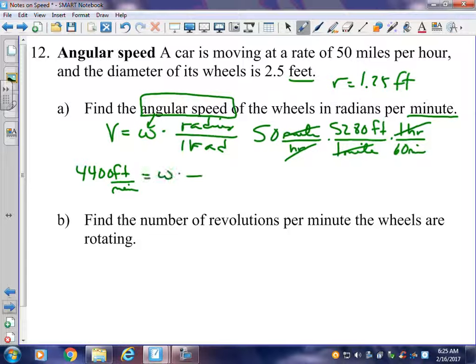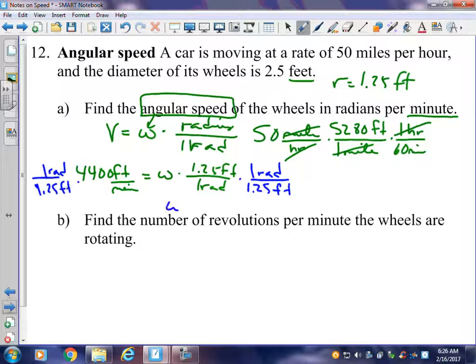We are going to put in our radius of 1.25 feet over 1 revolution, over 1 radian. Now that fraction can be flipped and multiplied. You always flip and multiply both calculations in order to work the problem backwards, because you multiplied it all as you went before. So 1 radian over 1.25 feet.